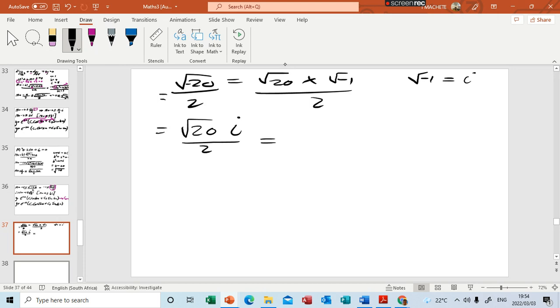Then root 20 gives you 2 root 5 over 2. This 2 and this 2 will cancel, and you'll be left with root 5 i. Don't forget to put i there. That's how you arrive there.